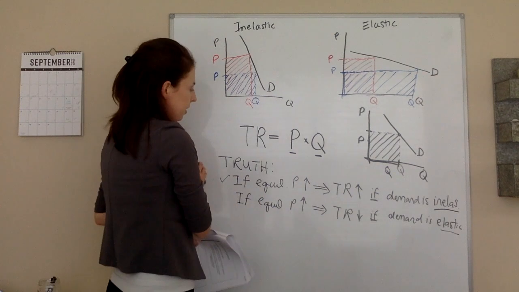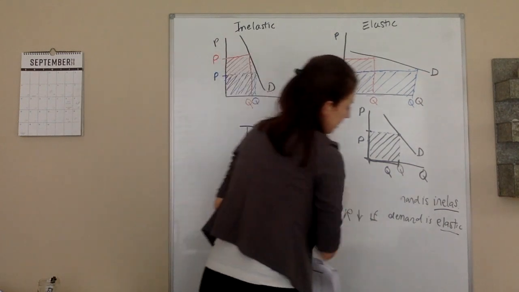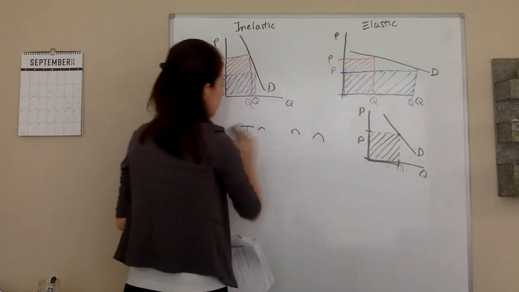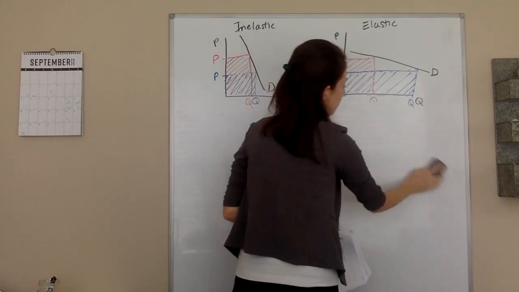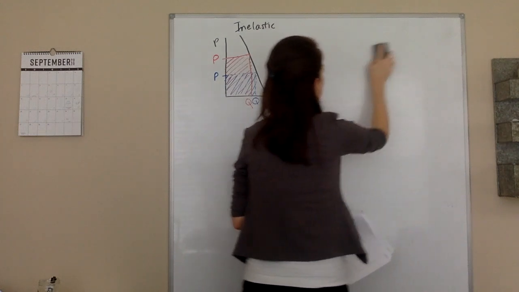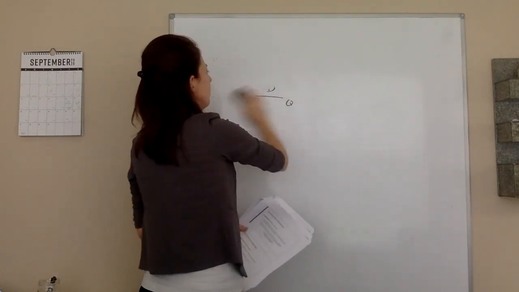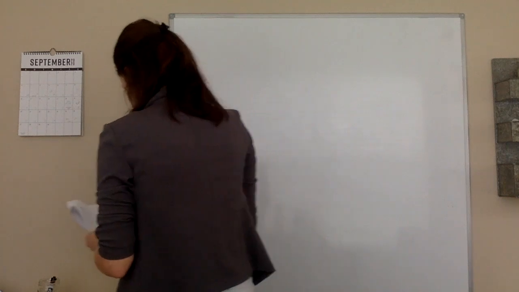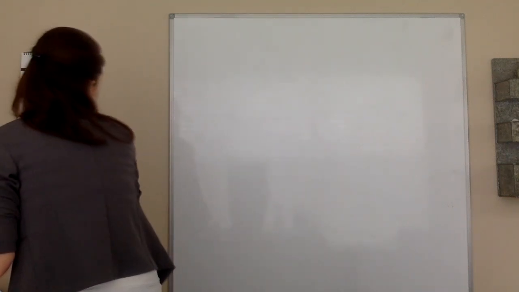Okay, now what we're going to do is think about different types of elasticity. So far we've been thinking about price elasticity of demand. So in other words, if price is the thing that changes, how much the quantity demanded changes as a result. Okay, there are other types of elasticities.